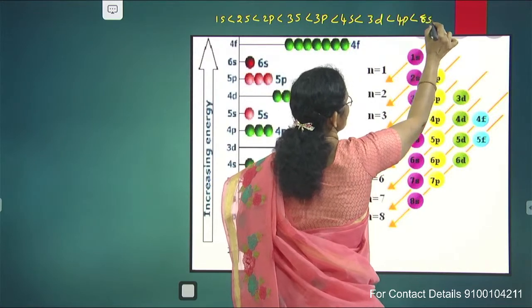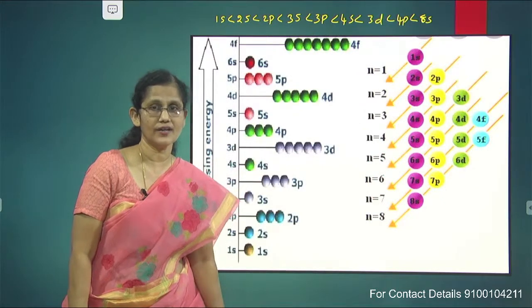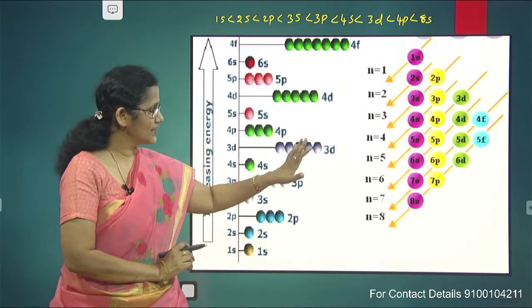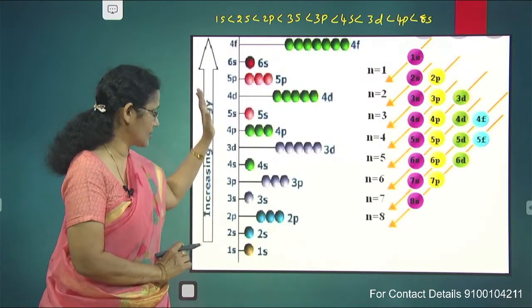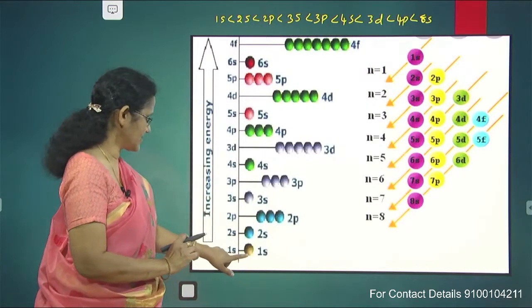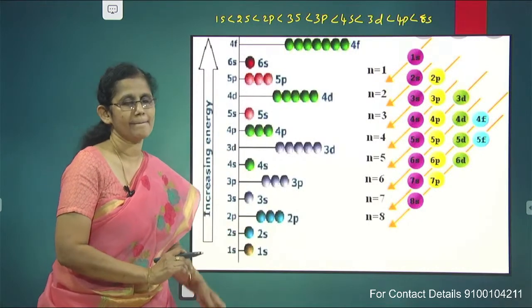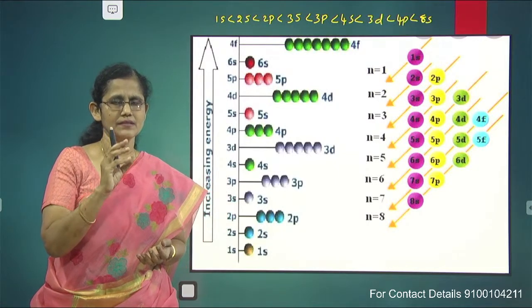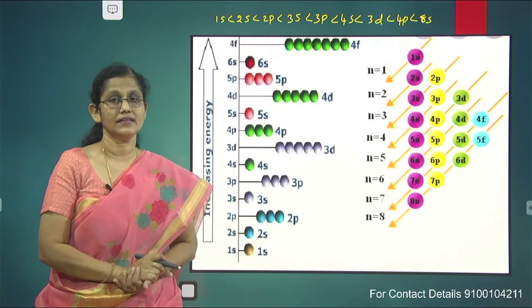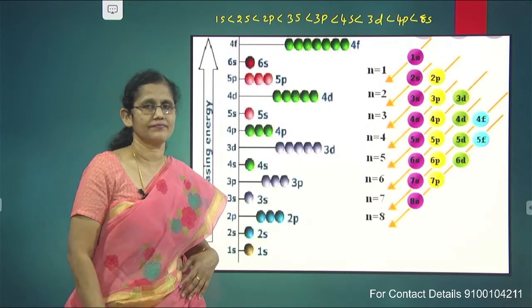So it goes on like that. After 5s, 4d. This is the Aufbau diagram, and here also it shows the increasing order of energies. First 1s is filled, low energies, then increasing order. If you know this Aufbau principle, we can write how electrons are filled in different periods.